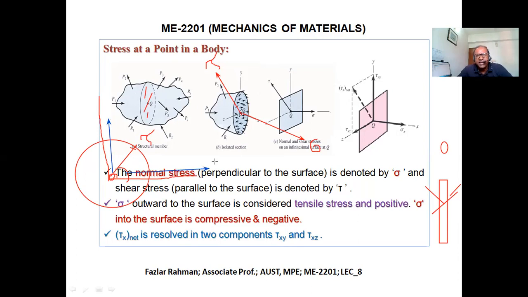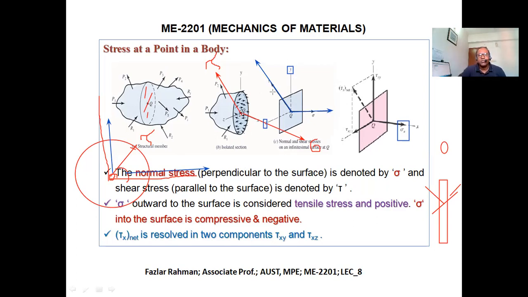That is explained a little bit over here. In this direction is working tau, and along this direction is working sigma. This is the z axis, and this is the y axis. So this is sigma x, because we cut perpendicular to the x axis.